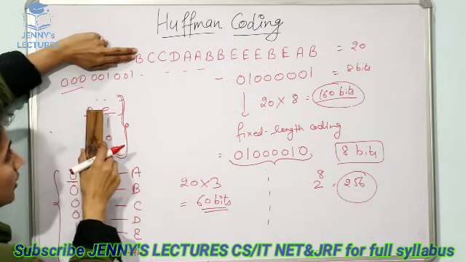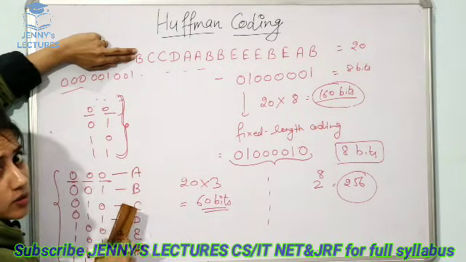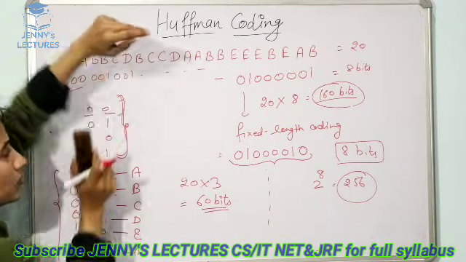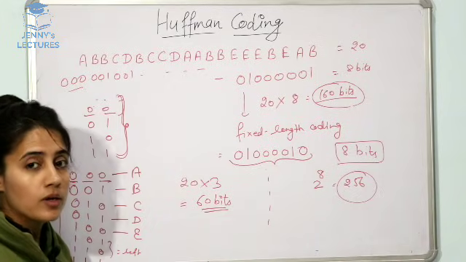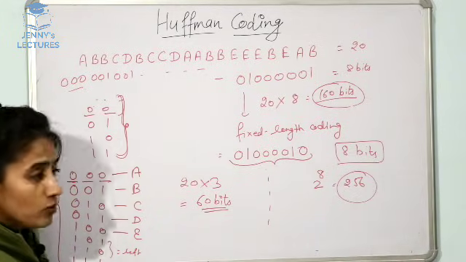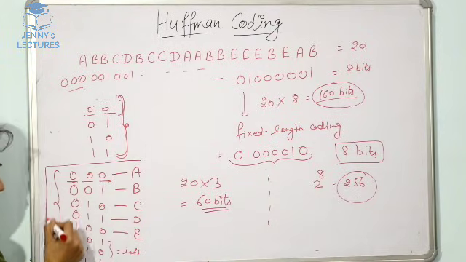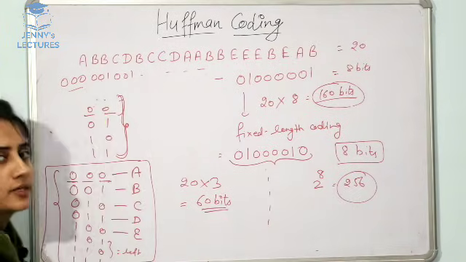What will the message receiver get? 000001 and something like this. Now how will the receiver know that 000 means A, 001 means B? That is the problem in the case of decoding. So to solve that problem, we will also send this table with this message.